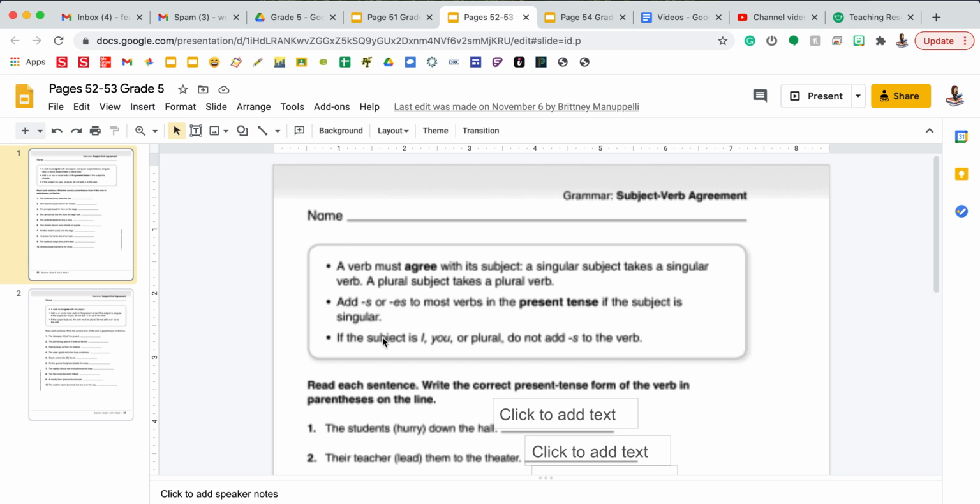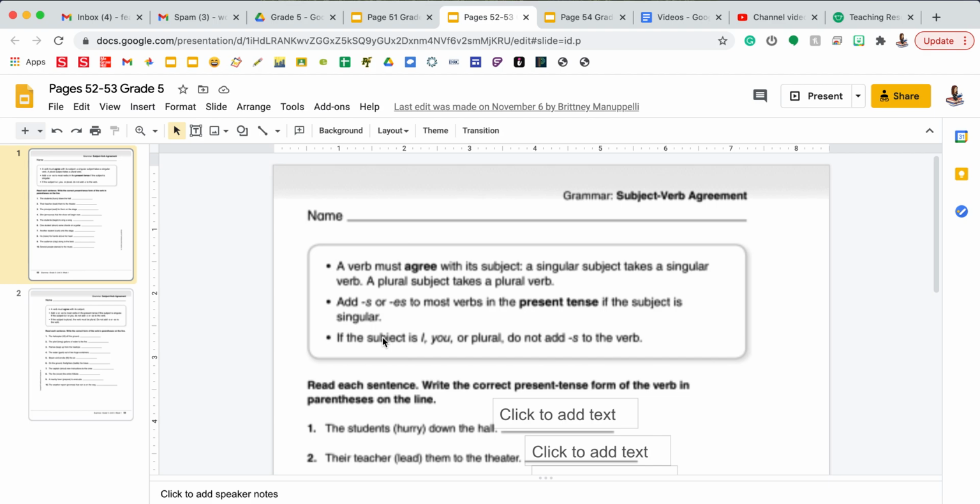We add s or es to most verbs in the present tense if the subject is singular. So for example, if I said Mrs. Feathers shops at Target, shops is my verb, and since Mrs. Feathers is singular, I add an s to the end of shops.